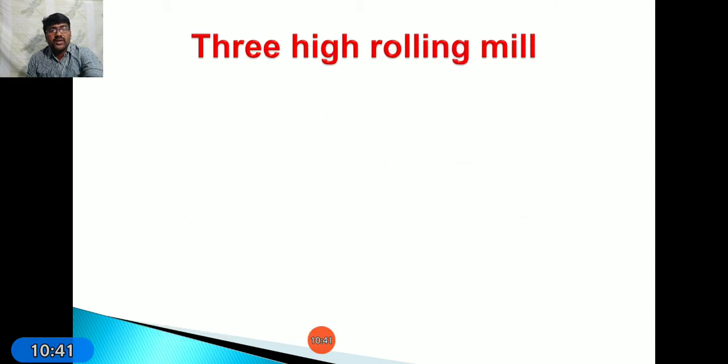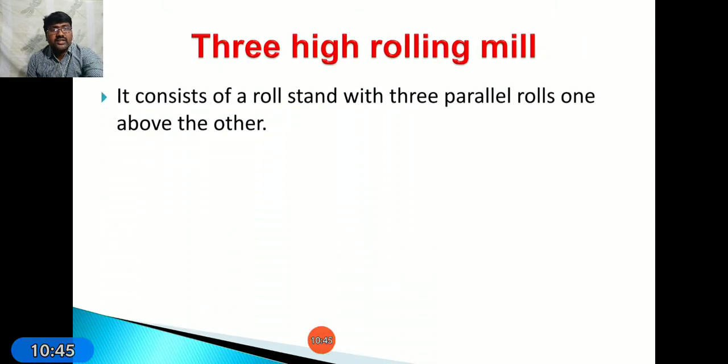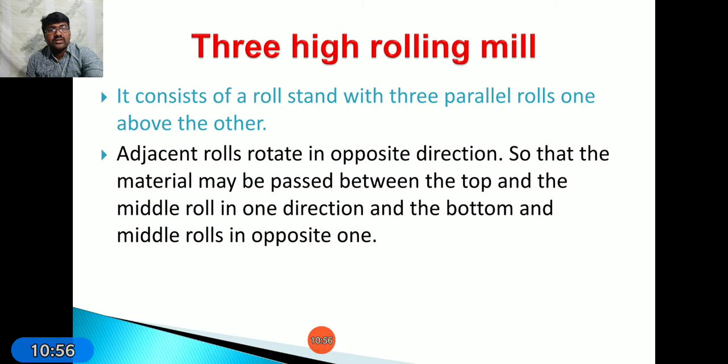Next, coming to the three high rolling mill. Here it consists of a roll stand with three parallel rolls, one above the other. Adjacent rolls rotate in opposite directions.